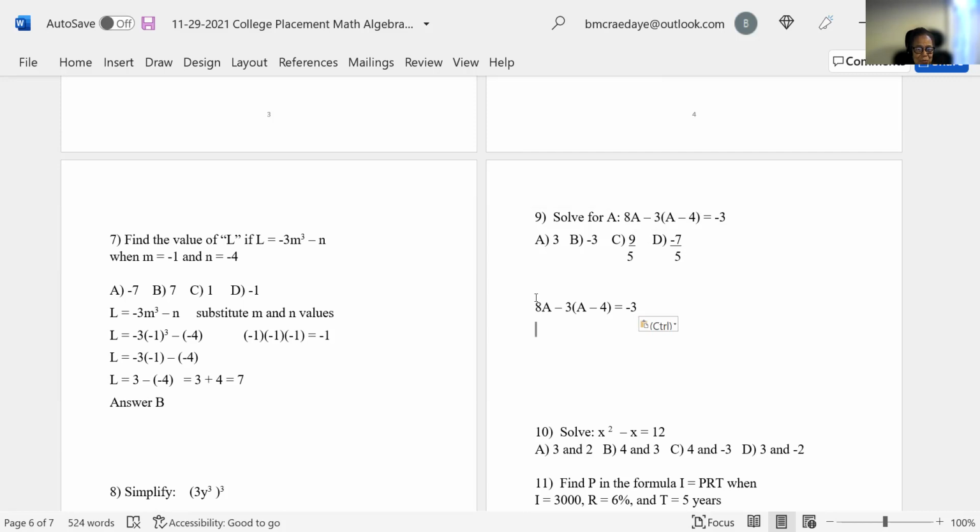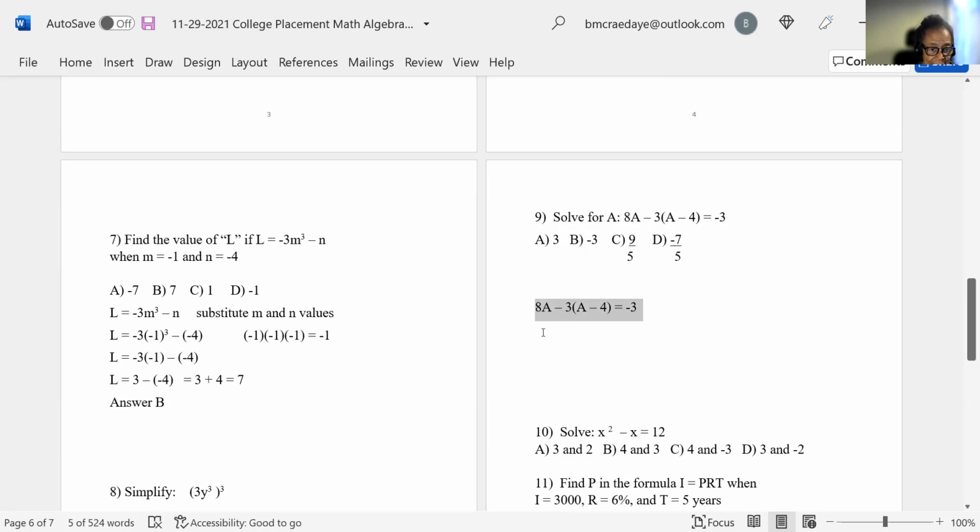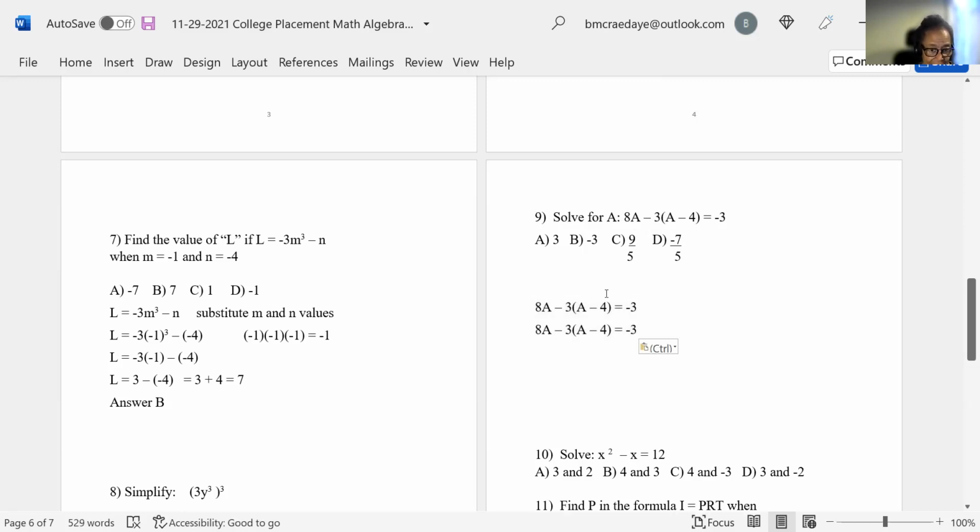So you're going to multiply 3 times everything in parentheses. And then once you do that, you can combine your like terms and then you can solve. You said you do the parentheses, so let's just copy this. And 3 times A is just a minus 3A, right? And what's a minus 3 times a minus 4?